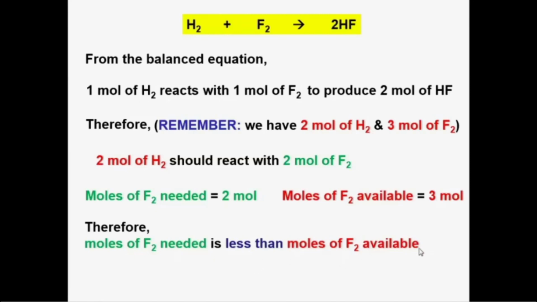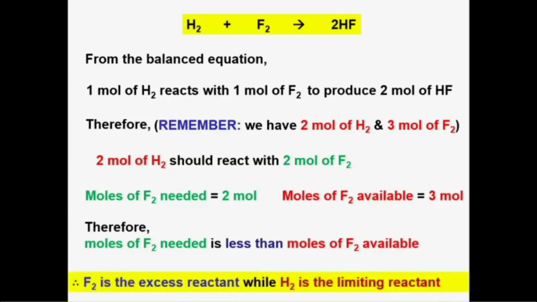Or we can say moles of fluorine available is greater than moles of fluorine needed. So in this case, fluorine is the excess reactant, while hydrogen is the limiting reactant.